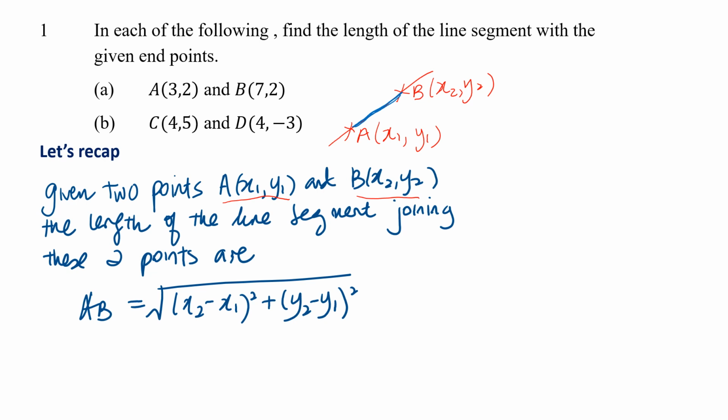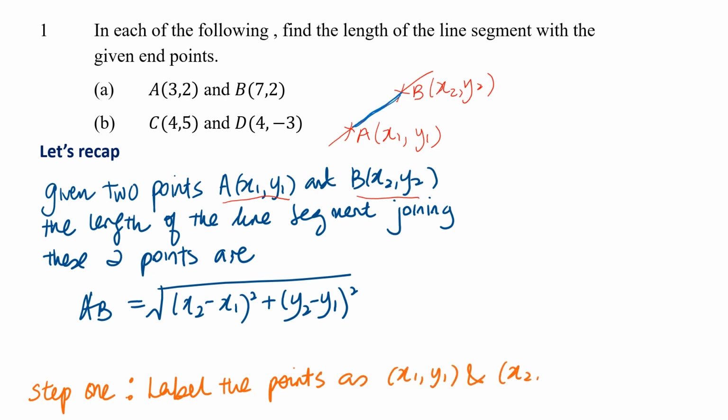So what's the first step that you need to do? It's very important. A lot of students neglect this part, and that is to label your points as x1, y1 and x2, y2. So there are 2 points there.